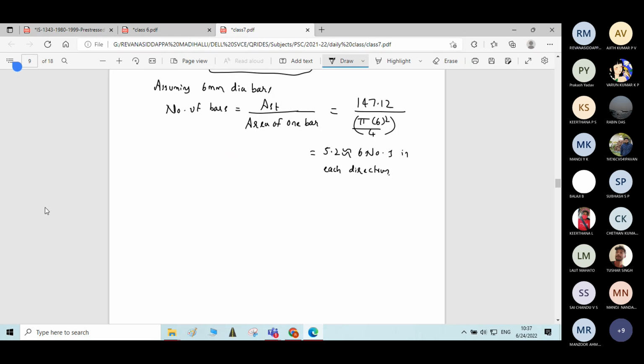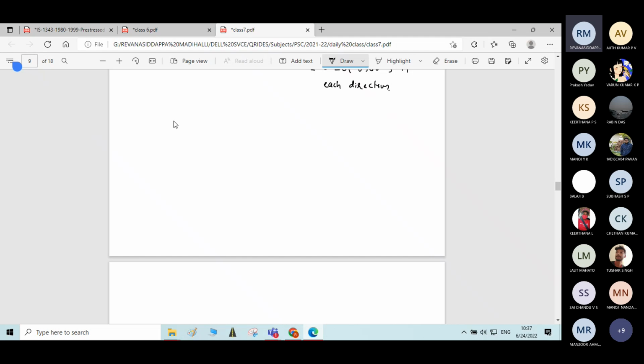Writing the reinforcement details is similar to whatever we have written in the previous problem. Same way you need to write the reinforcement detail.